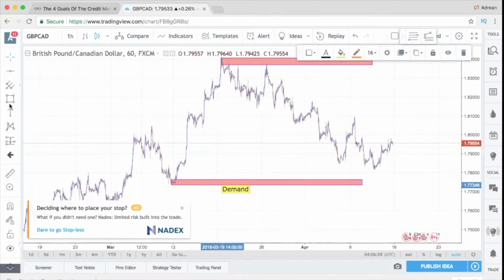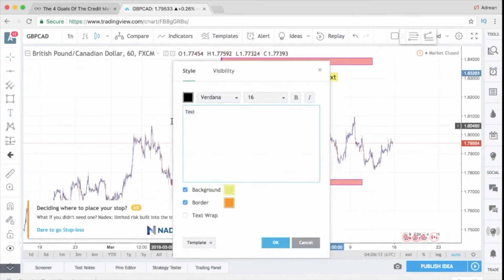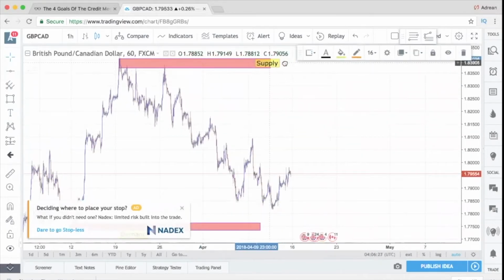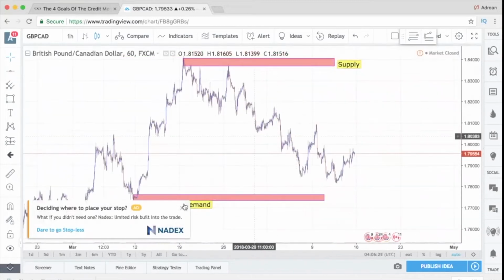And anytime when you are identifying your highest point before a breakout to the downside, it is your supply. So that's how you pretty much label it.